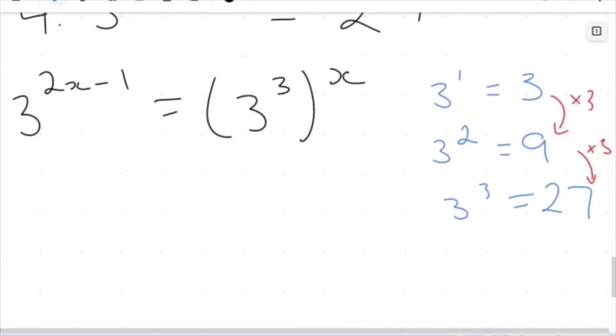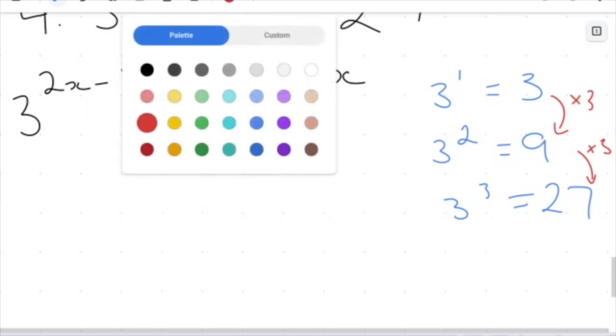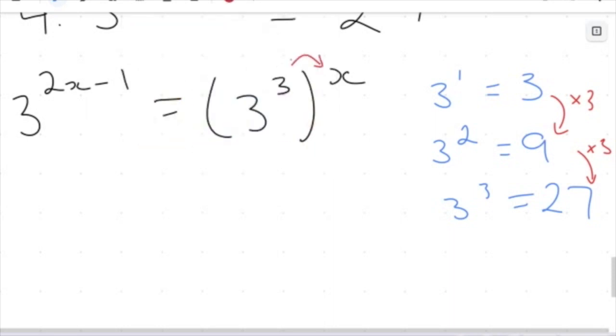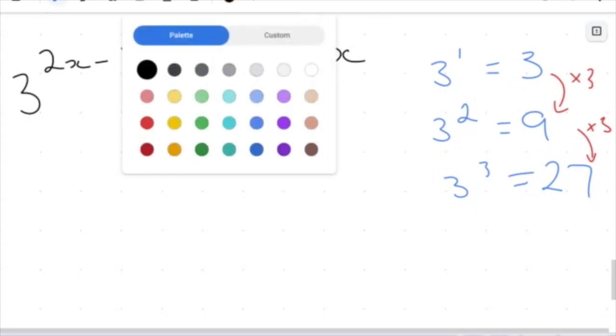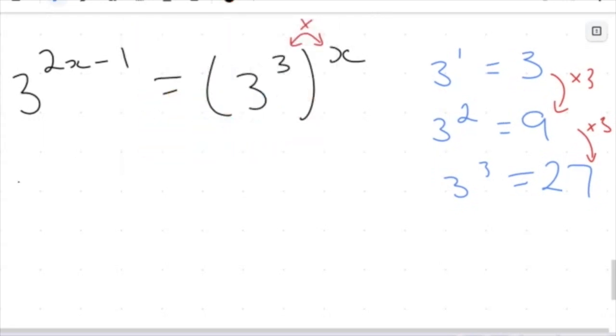And now, once again, I have a power of a power here. So these two powers, whenever I have this, they are going to multiply together. This is just a review of the index laws we've been working with up until now. So I have 3 to the 2x minus 1 equals 3 to the power of 3x.